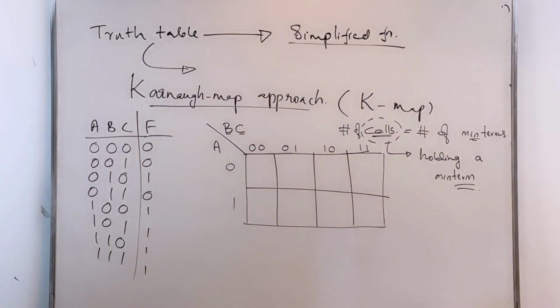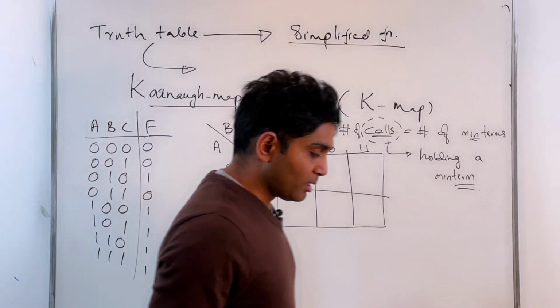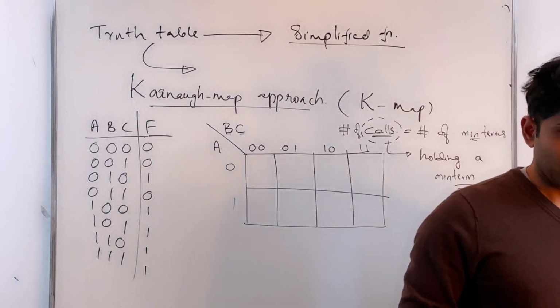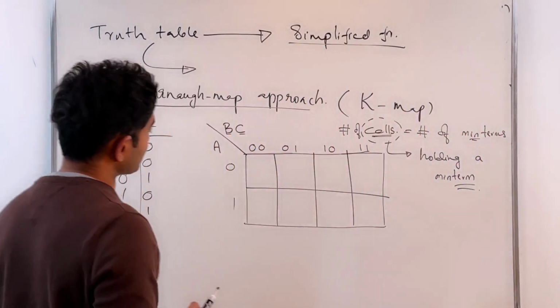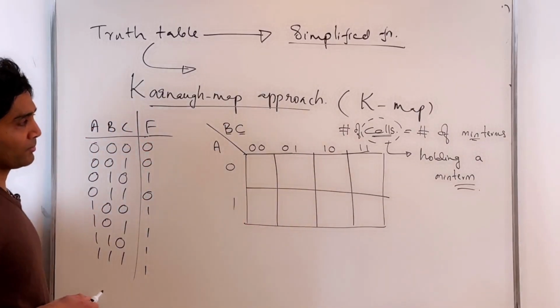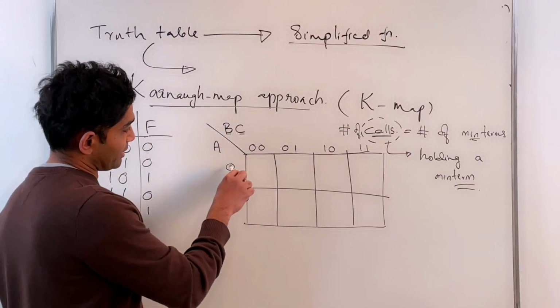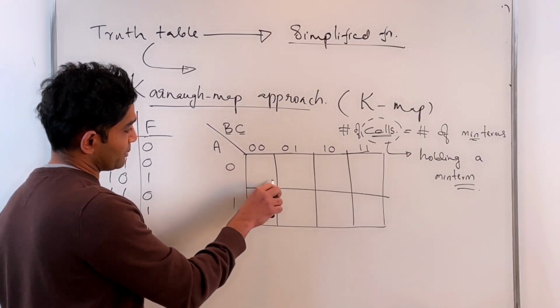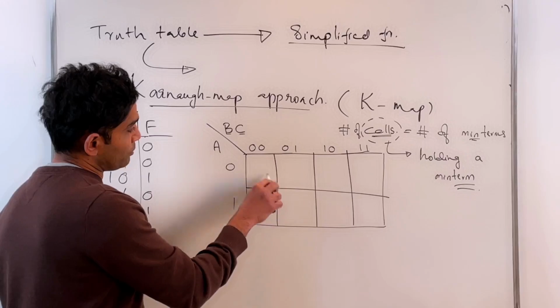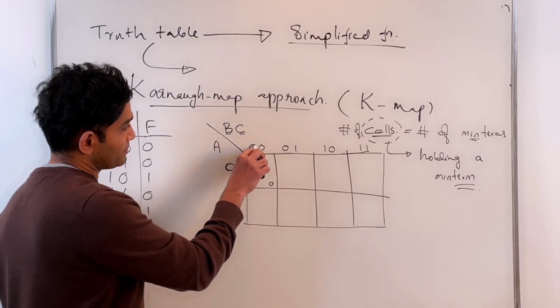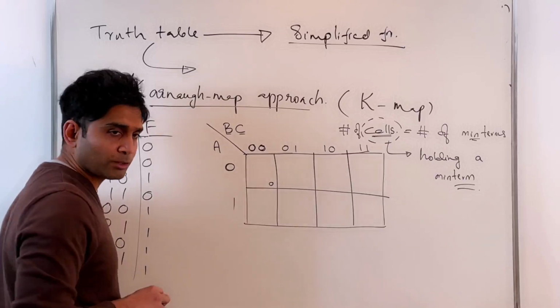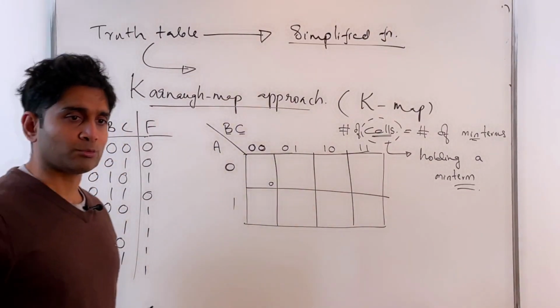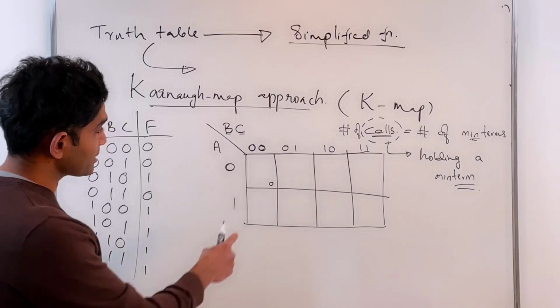Now, each cell, as I mentioned before, holds a minterm, right? Now, what is the minterm corresponding to this cell? The minterm number is 0, which is basically A, B, C of 0, 0, 0. The binary value of that is 0, so that's the minterm number 0.